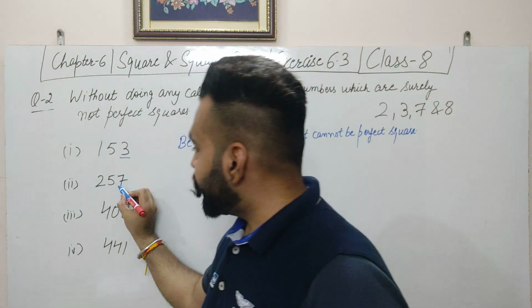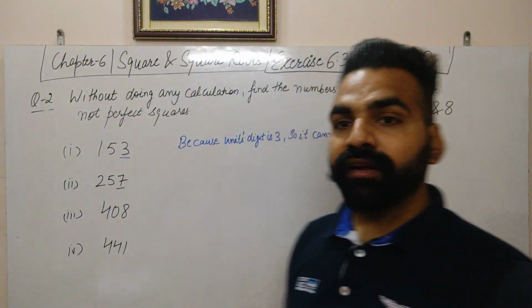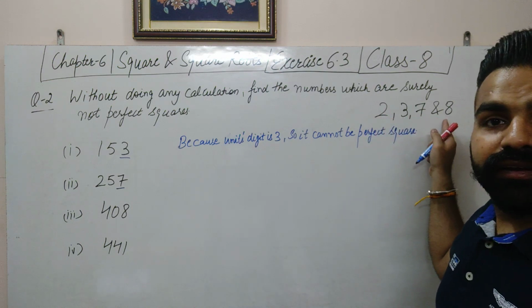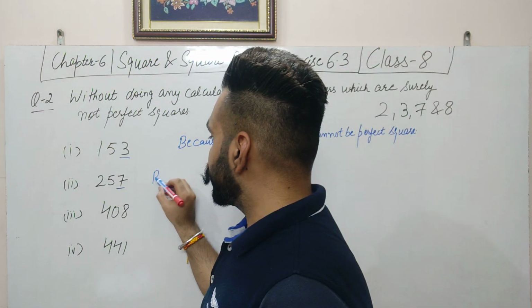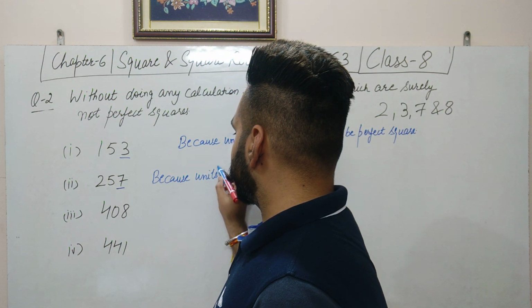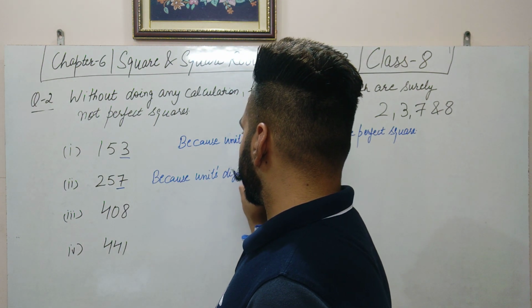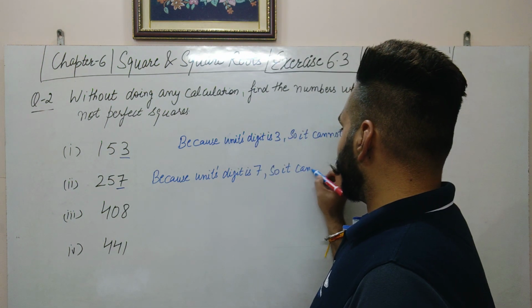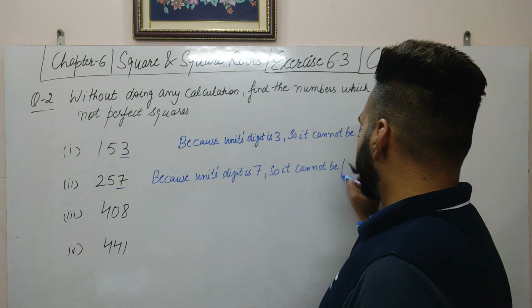Here the unit place is 7, and we know that none of the perfect squares end with 2, 3, 7 and 8. So because the unit digit is 7, it cannot be a perfect square.